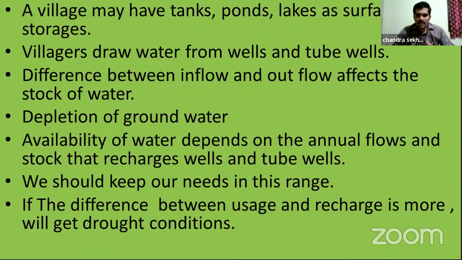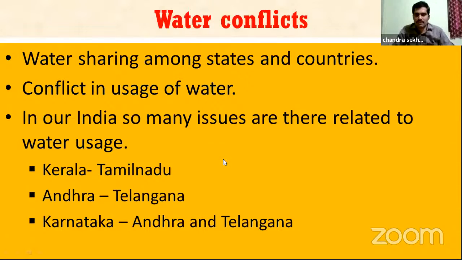Based on our water availability, we should confine our needs to that range only. If our needs are more than the availability of water, we may get drought situations and a water problem also. If the difference between usage and recharge is more, we will get drought conditions. That's why we should always keep our needs within the range of availability of water.